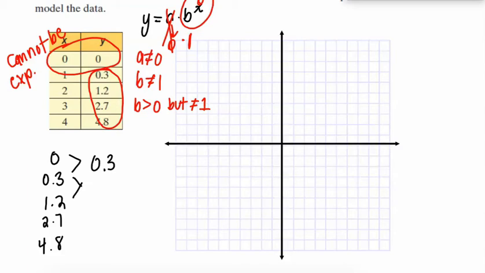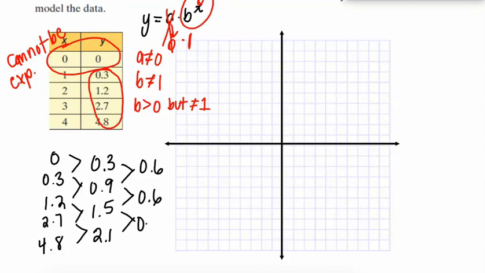So 0.3 to 1.2 is 0.9. 1.2 to 2.7 is 1.5. 2.7 to 4.8 is 2.1. Our second difference: 0.6, 0.6, 0.6. That's a common second difference.